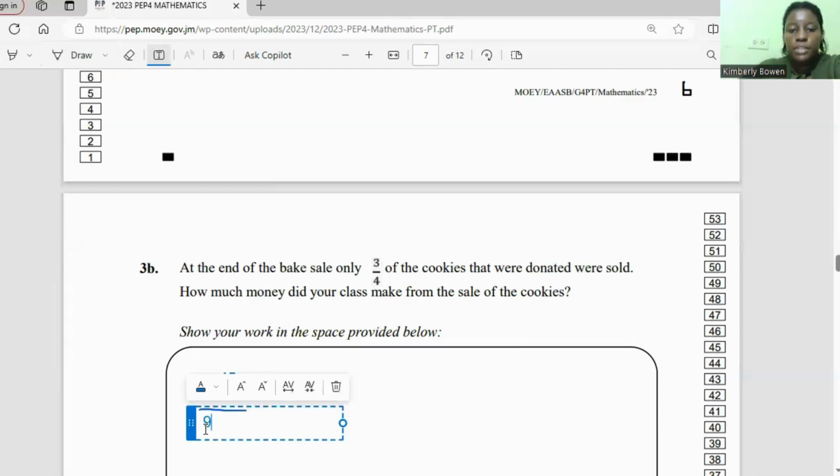And I know 2 times 45 is 90, so 20 times 45 is going to be 900. So the amount of money that the class made from the sale of the cookies was $900.